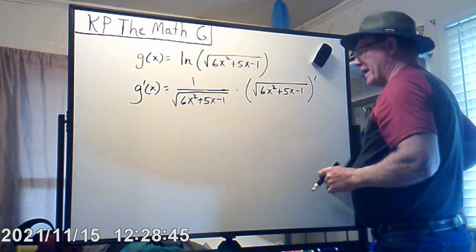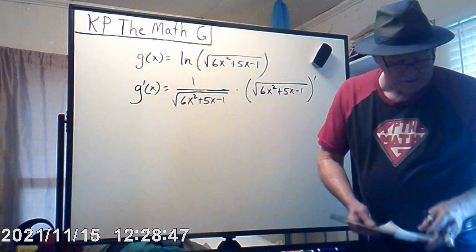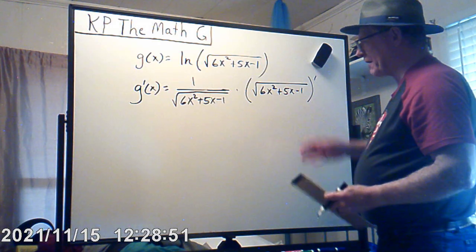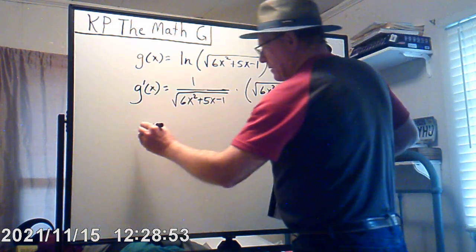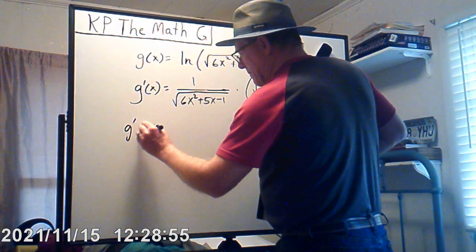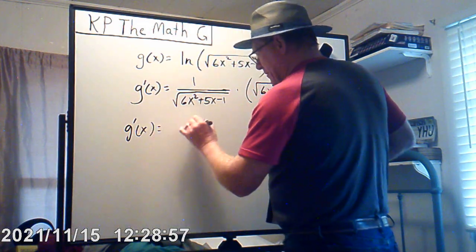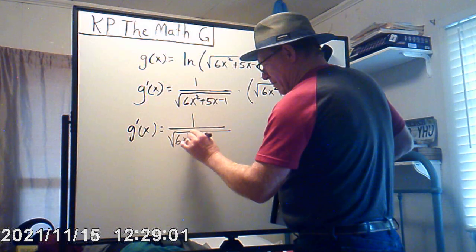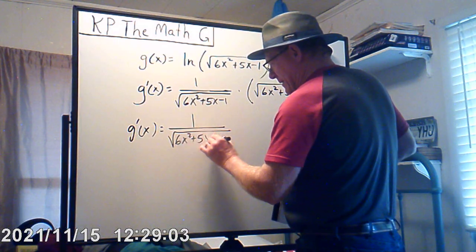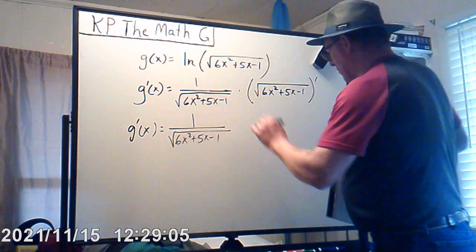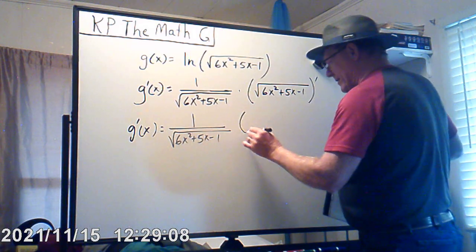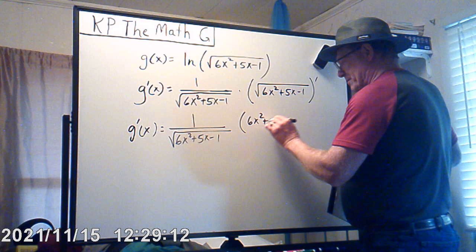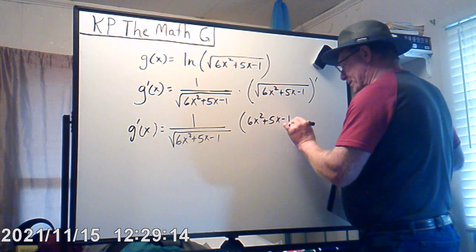Alright, I want to take that derivative. Keep in mind that we can rewrite this problem. So g prime at x is equal to 1 over the square root of 6x squared plus 5x minus 1. I want to get the derivative of this, but I'm going to rewrite it first. 6x squared plus 5x minus 1.